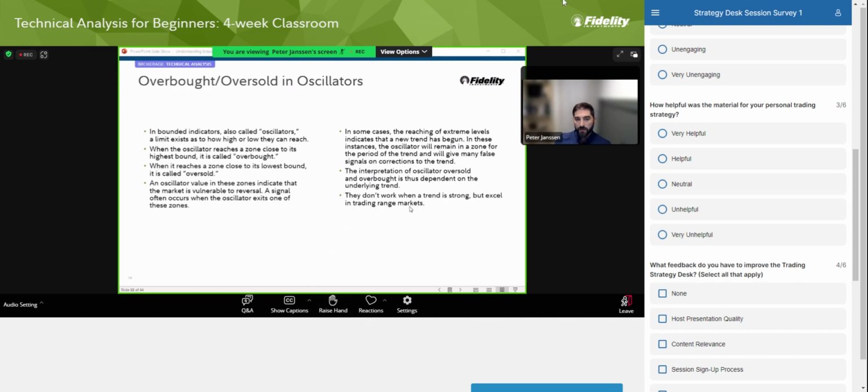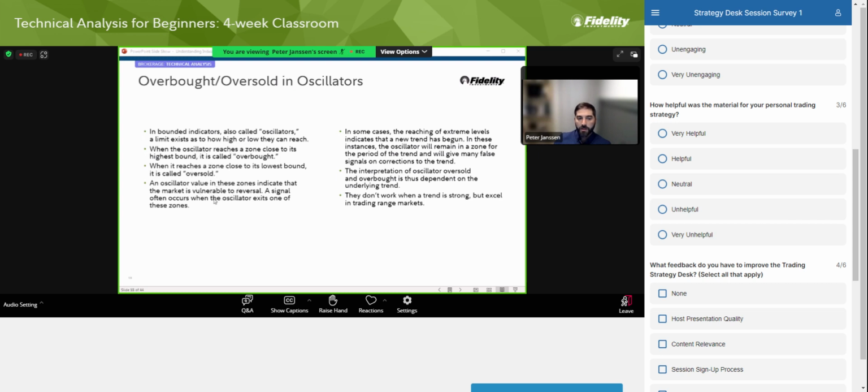But what I think this is really trying to shed light on is that the thought process behind these types of oscillators, as they're called, is that they are bounded indicators more times than not, where they can only go so high or only go so low, oftentimes based off the calculation behind the indicator itself. So when an oscillator reaches a zone, it's thought to be overbought if it's at the higher end of that zone. When it reaches the lower bound, it's thought to be oversold.